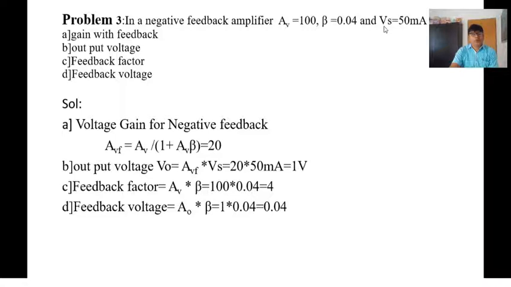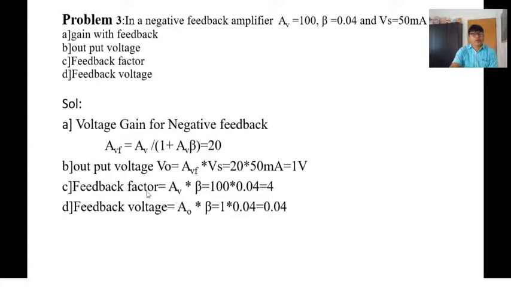Now in the third problem, in a negative feedback amplifier, gain without feedback is 100, the feedback factor is given as 0.04, and the source voltage Vs is 50 milliampere. Find the gain with feedback. Gain with feedback can be calculated by using the formula A with feedback, where A is the gain without feedback, and simplifying this you can get 20. Then the output voltage is equal to gain into source voltage, and that can be taken as 1 volt.